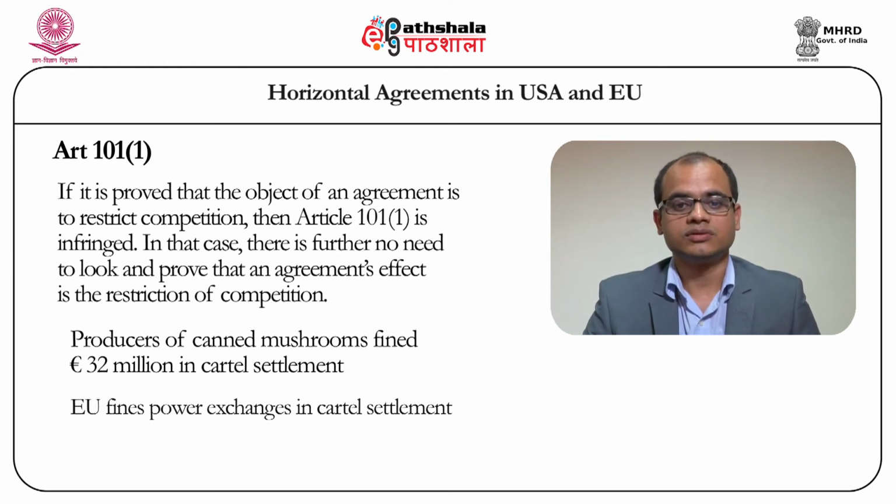Agreements between actual or potential competitors benefit from the safe harbor provided that the market share held by the parties to the agreement doesn't exceed 10% on any of the markets affected. For agreements between companies that operate at different levels of the supply chain, which are mostly covered in distribution agreements, the market share for such safe harbor is 15%.